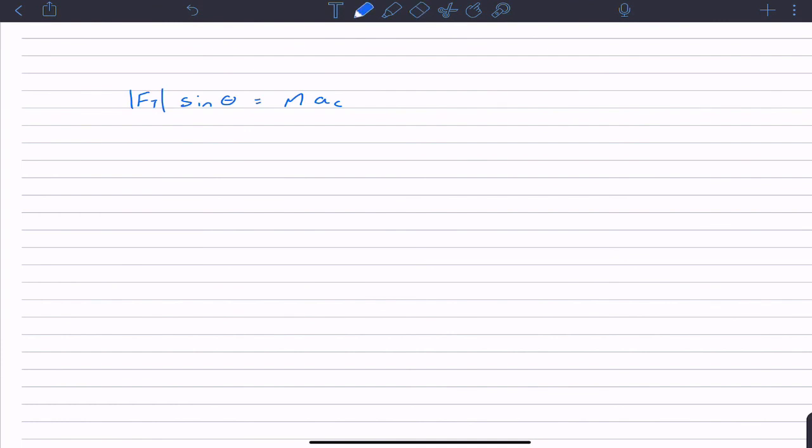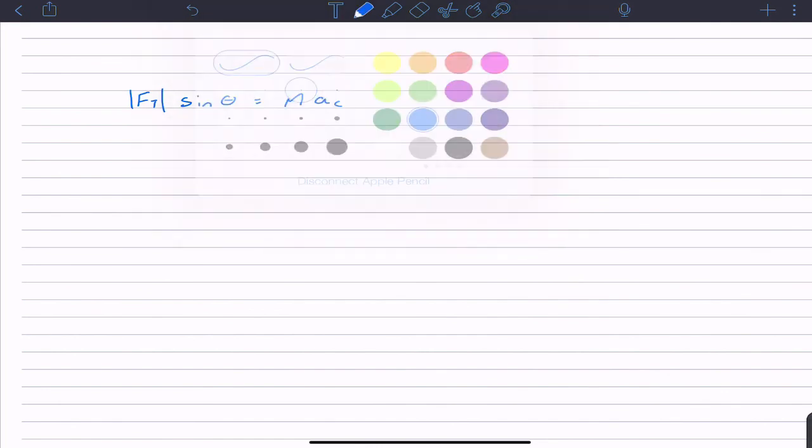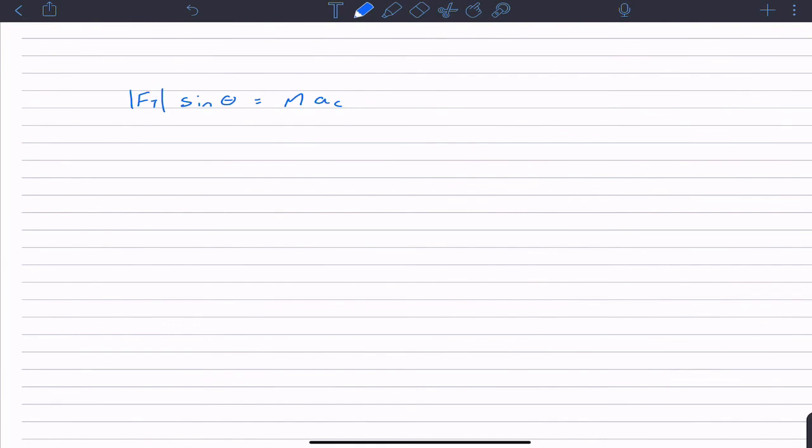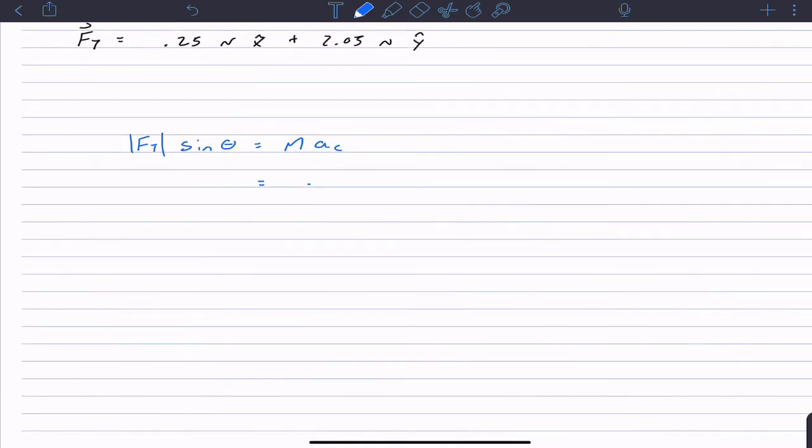The reason we have a mass here is because this is a force, right? So force is equal to mass times your acceleration. But looking at this, we actually don't need that. What we can do, I think that's easier, is we can just take this value, which we already know, which was 0.25 newtons.